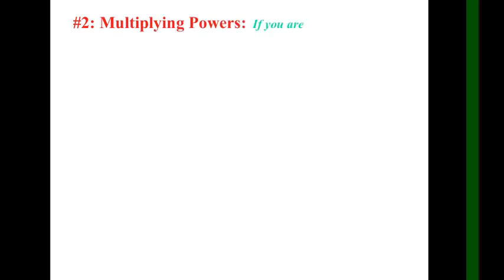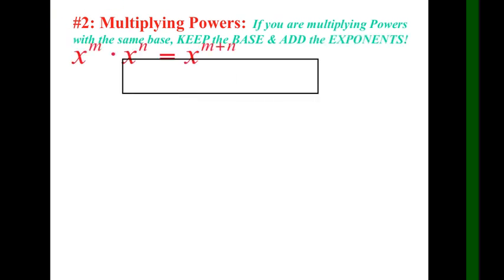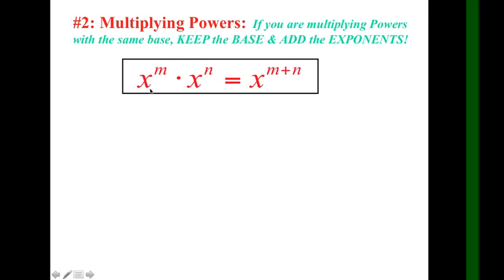Number 2, multiplying powers. If you are multiplying powers with the same base, keep the base and add the exponents. For this one, we have this rule: x raised to m times x raised to n equals x raised to m plus n. Keep the base and then add the exponents.